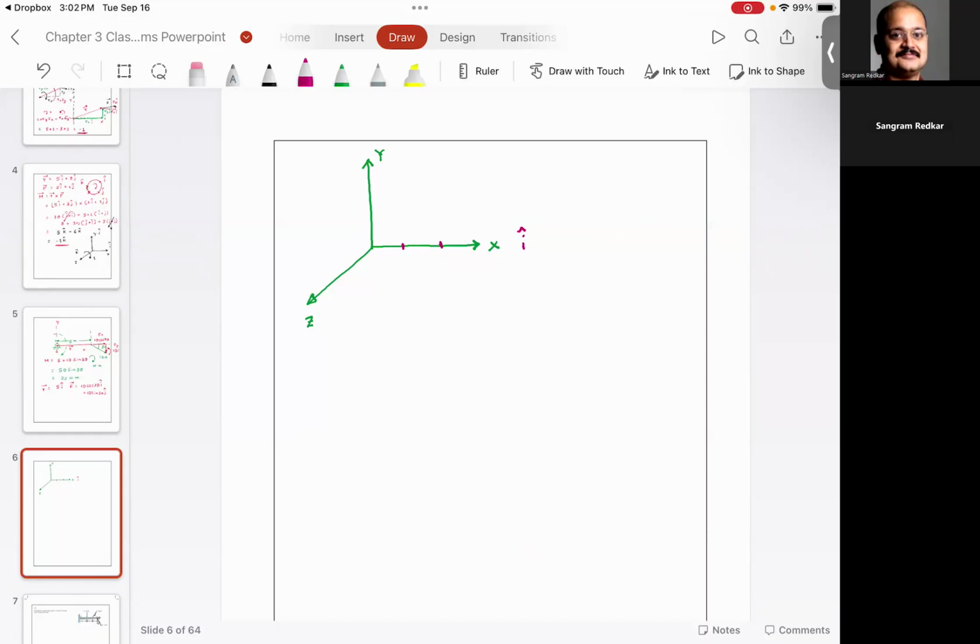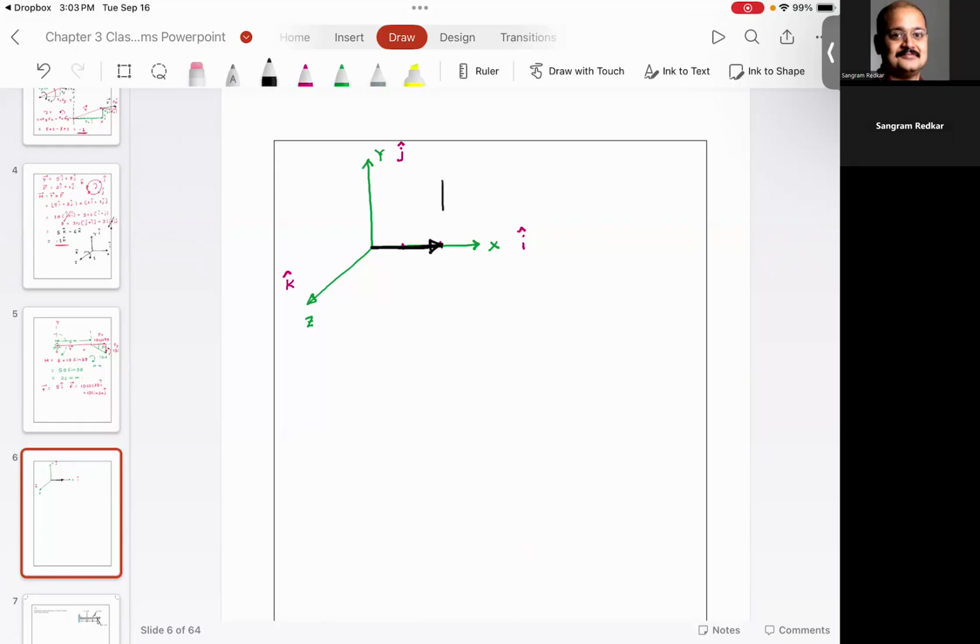Similarly, you have the unit vector in Y as J and unit vector in Z as K. Now, imagine that you have this distance, and this distance is represented as a vector.